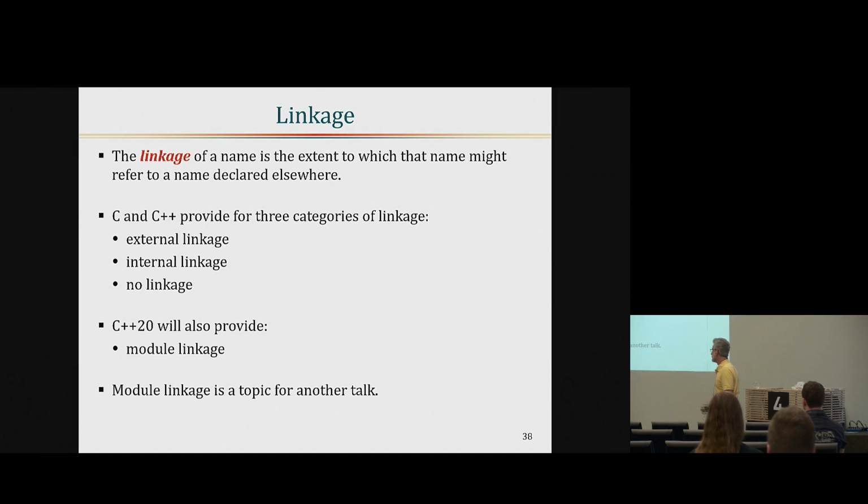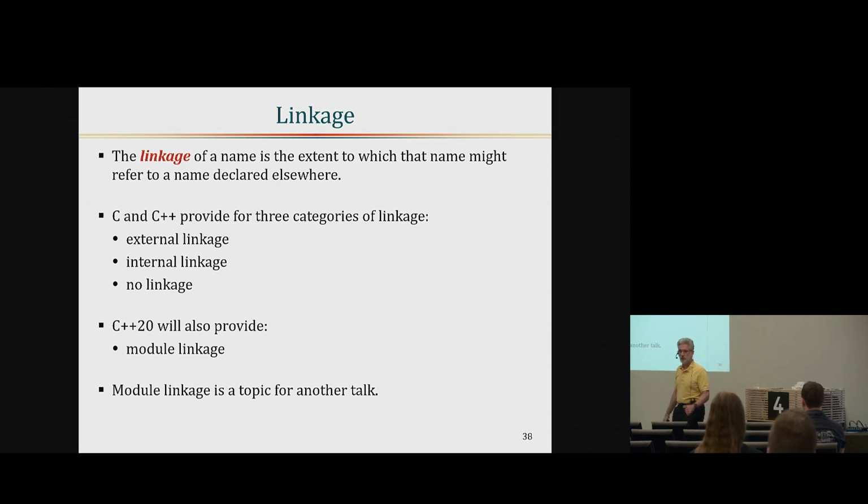And so in order to support the semantics of modules, there's now another kind of linkage called module linkage. Now, modules are a whole other lecture. So other than to mention that this is coming down the road, I'm going to stick with the other three. That'll take up the available time we have anyway.